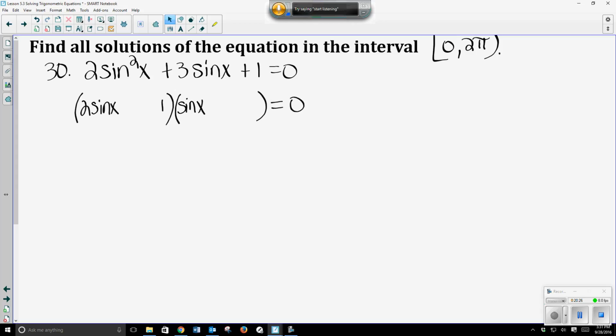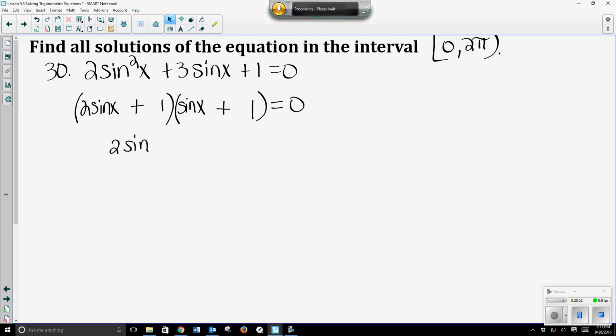And factors of 1 and 1. There's a plus in front of 1, that means the signs are the same, and there's a plus in front of 3, that means they're both positive. We can check first, outer, inner, last. 2 sine x times sine x is 2 sine x squared. And outer and inner, outer would be 2 sine x, inner would be 1 sine x for a total of 3 sine x for the middle term, and then 1 times 1 is 1. So that works, that checks out.